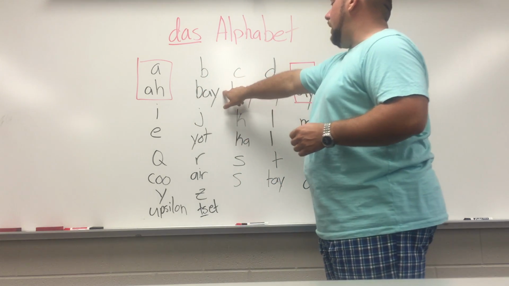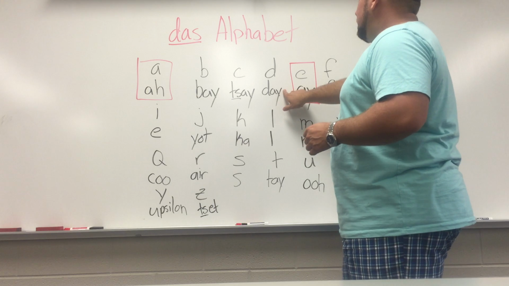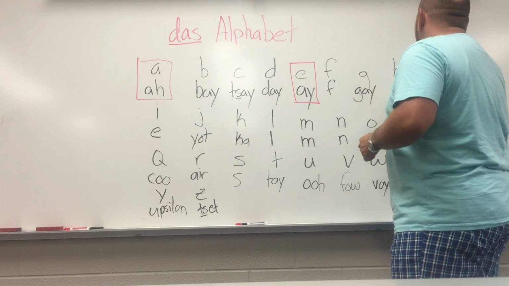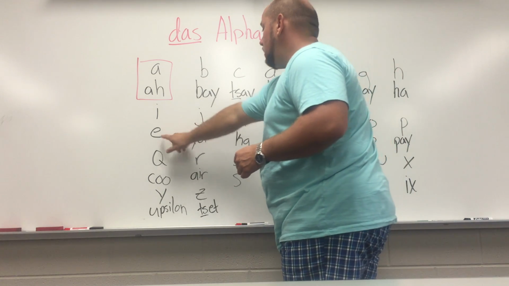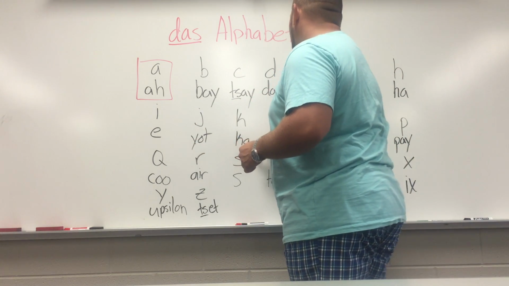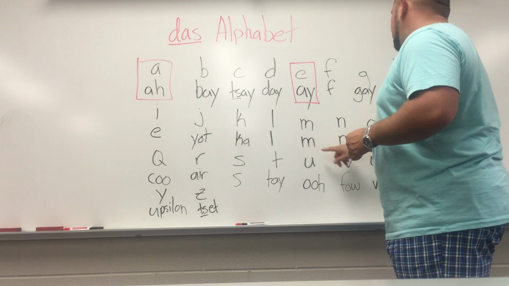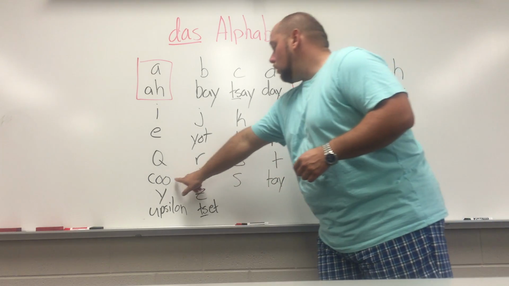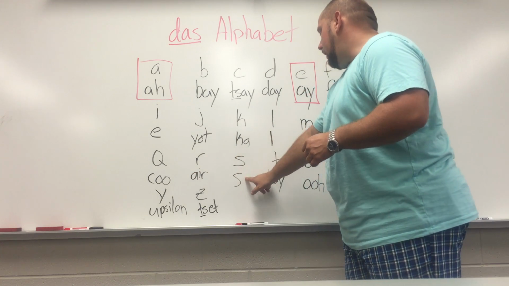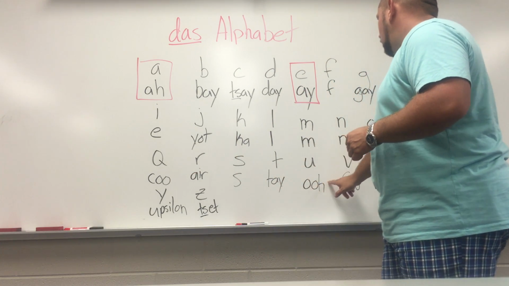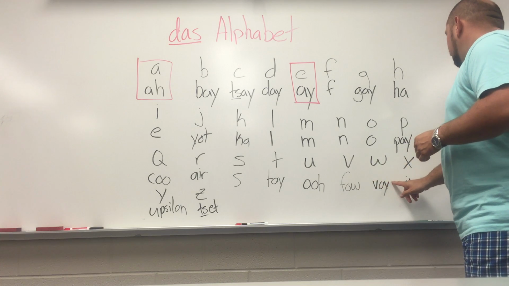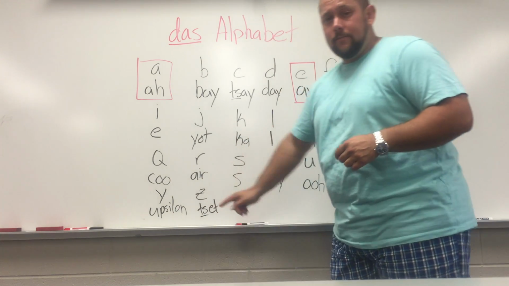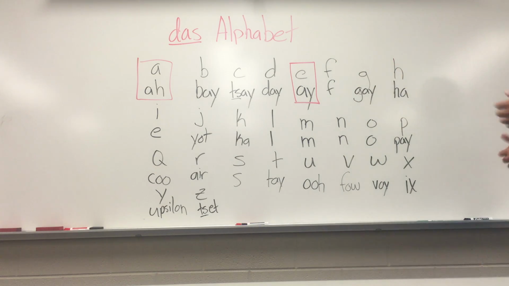A, B, C, D, E, F, G, H, I, J, K, L, M, N, O, P, Q, R, S, T, U, V, W, X, upsilon, set. Okay, so there's our German alphabet.